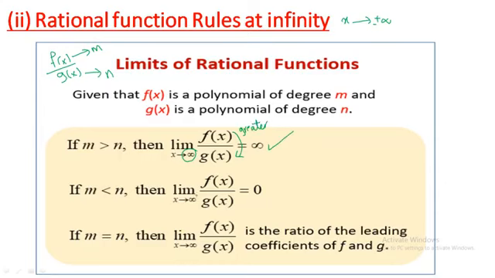If the degree of f of x is less than the degree of g of x, then the answer will be 0. And the last case, if they have equal degrees, then the answer will be the ratio of the leading coefficients of f and g. And this will be very clear in the examples.